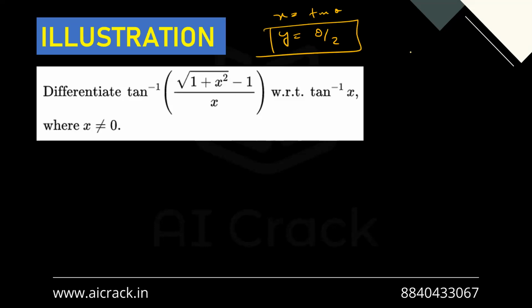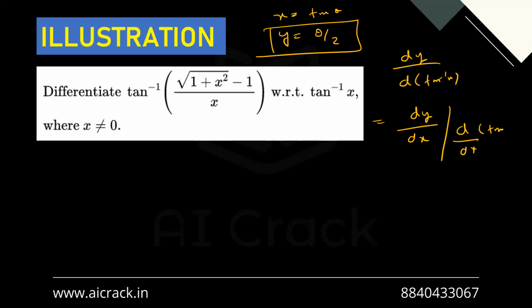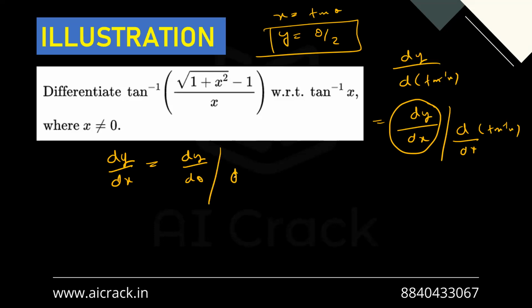Ultimately, we have to calculate dy by d tan inverse x, right? Now, I can modify this one as dy by dx divided by d by dx of tan inverse x, right? And now if we talk about dy by dx, we have to modify it once again. Dy by dx equals dy by d theta divided by dx by d theta, right?